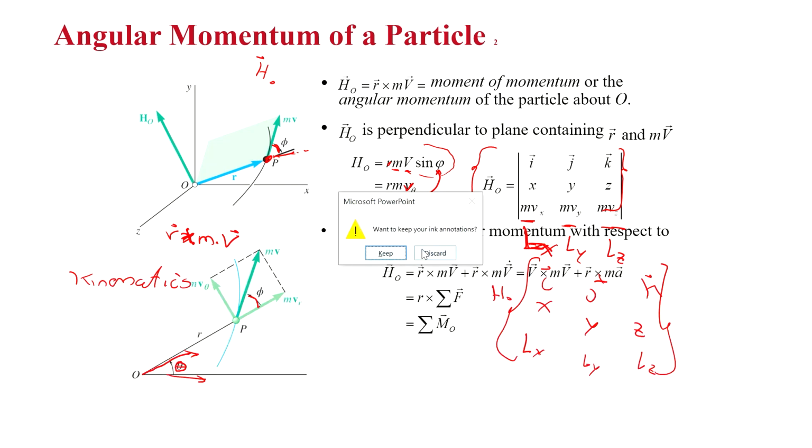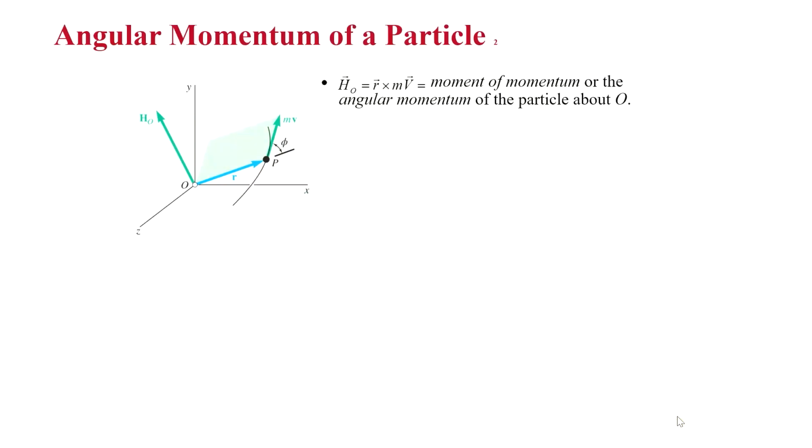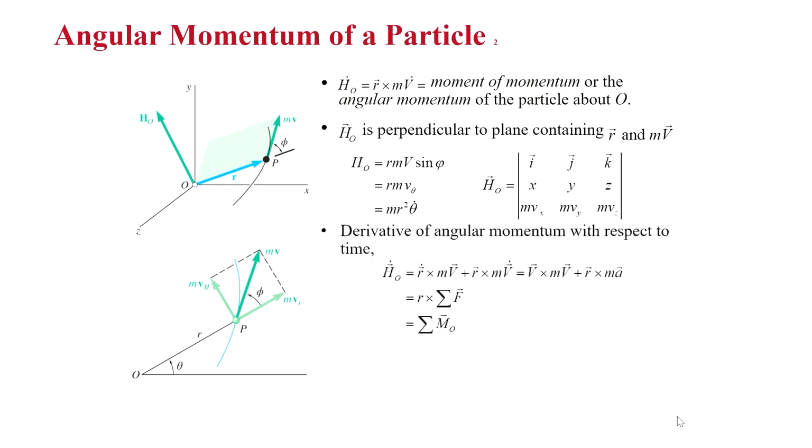Let me change that so we can see it again. Perfect. So the derivative of the angular momentum with respect to time is the derivative of r cross the mass times the velocity, which is what we have right here, plus, remember this is a chain rule, r, the distance, cross the mass times the derivative of the velocity.